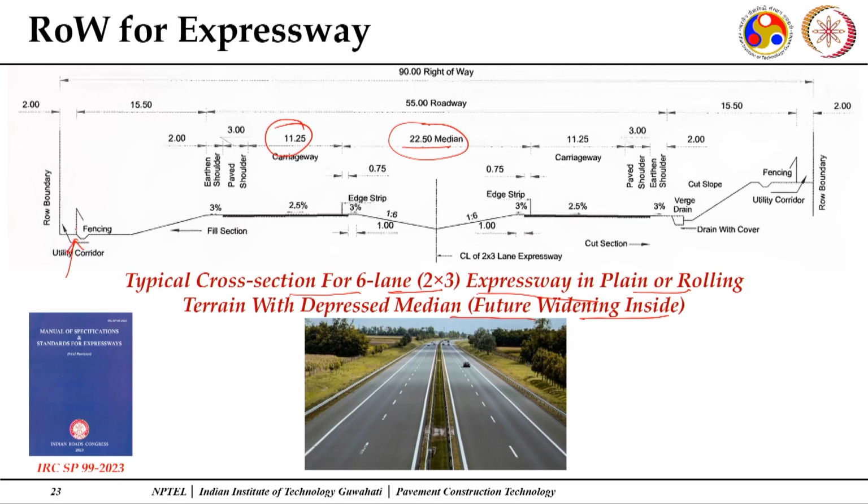All these facilities, utility corridors and safety aspects, can be made possible when you have a good amount of ROW, and this ROW should remain with you. It should not be encroached at a later stage.